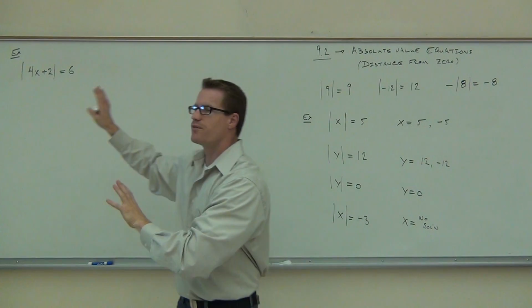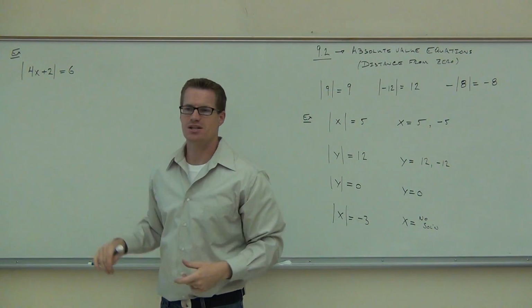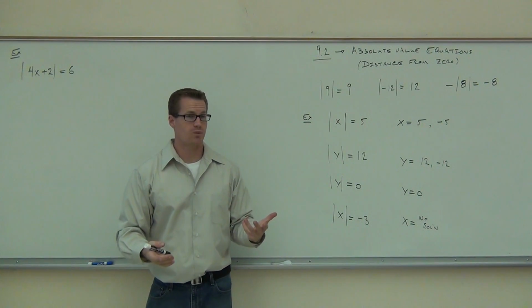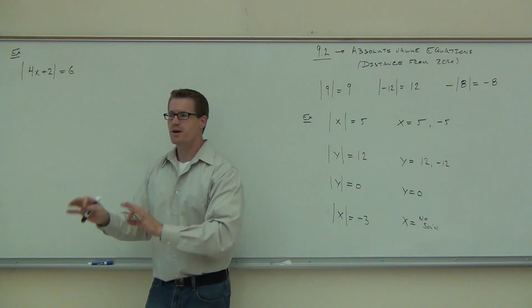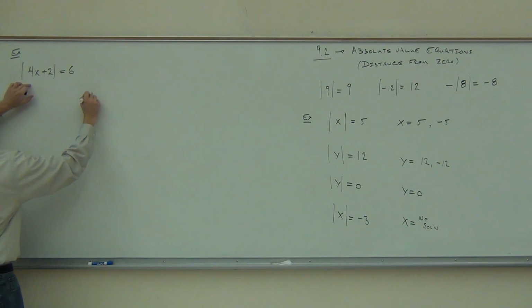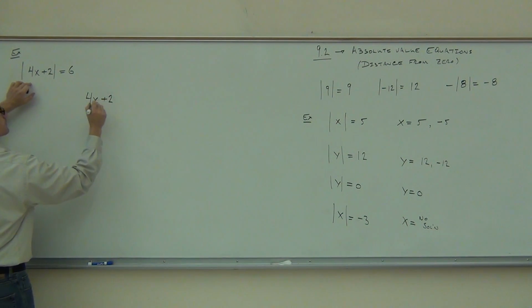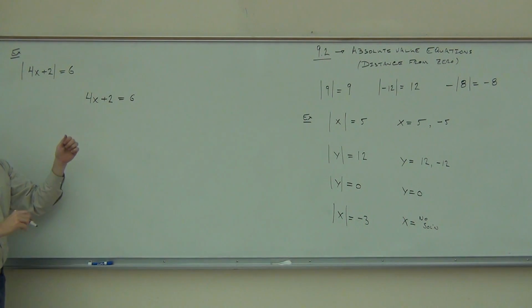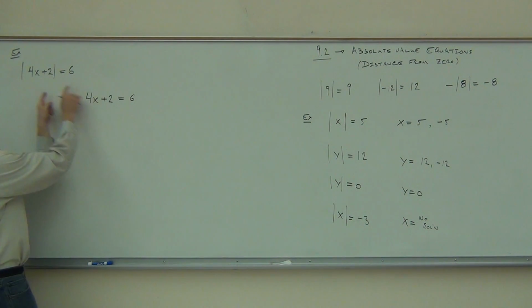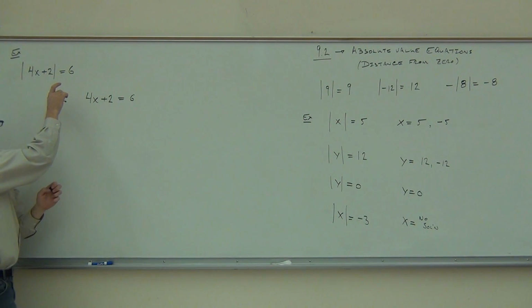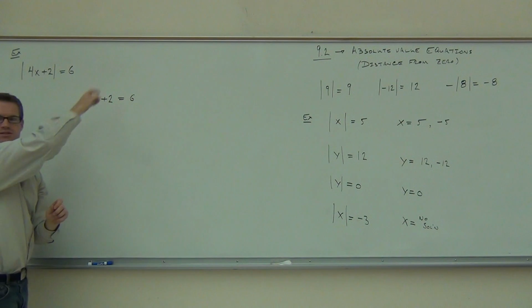You can't just solve this thing directly. If I see on your test you go, oh, I just subtract 2 and divide by 4, I know you really don't understand what absolute value means. What absolute value means is that I can take the inside of this and set it equal to that number. Because if the inside of it equals 6, then the absolute value of 6 is 6.